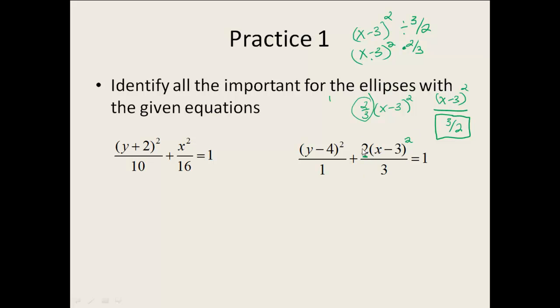So for this equation, I'm first going to have you rewrite it. Keep that y minus 4 squared over 1, plus, instead of that expression, you're going to write x minus 3 squared over 3/2 is equal to 1. And now everything else still follows the same patterns.